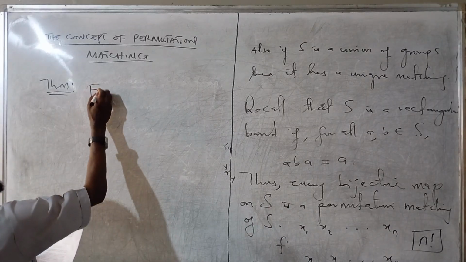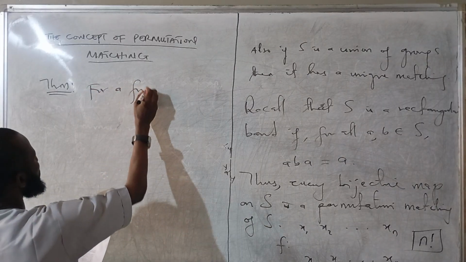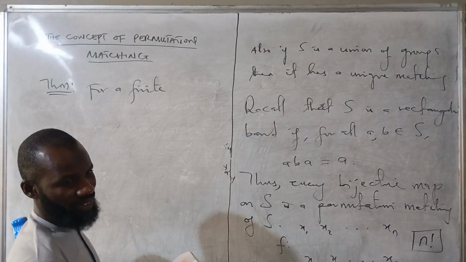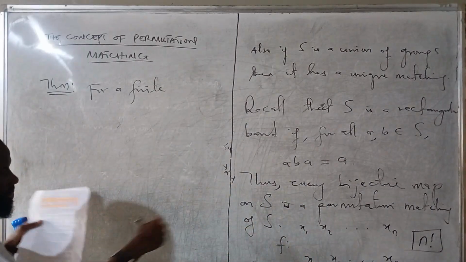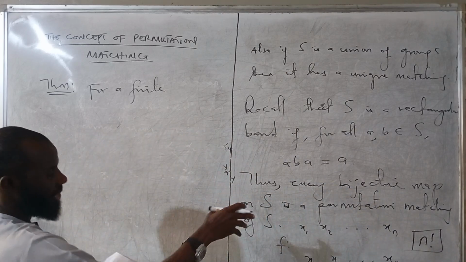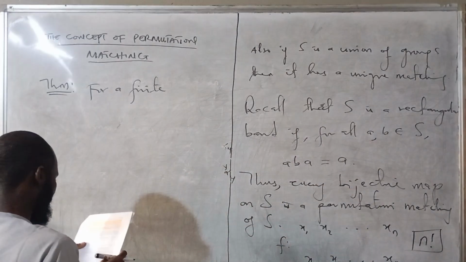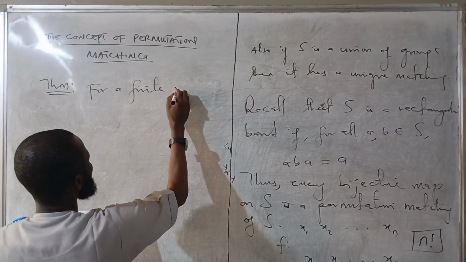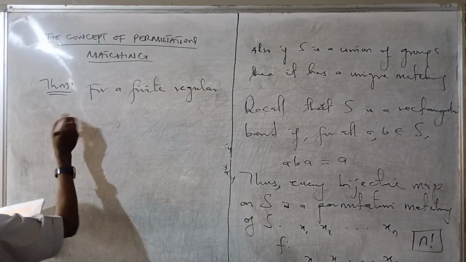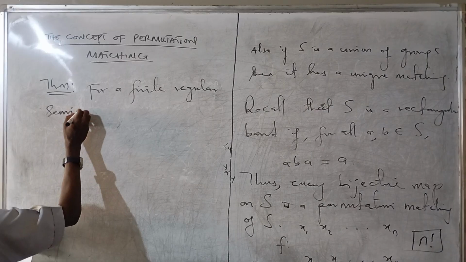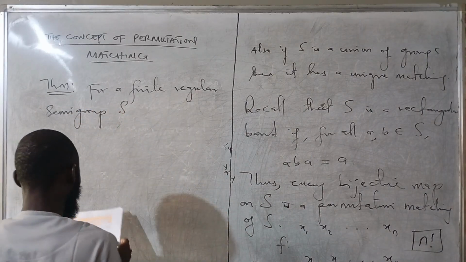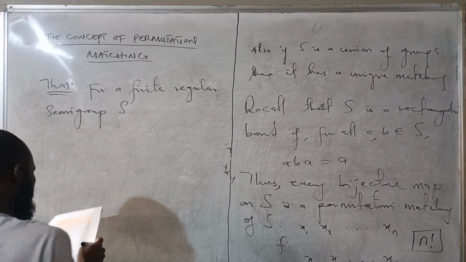is that for a finite regular semigroup S, you can already notice that I was assuming n is finite, so that you'll be able to have this bijection doing what you want, control over the bijective mapping. So the semigroup is regular and it's finite.